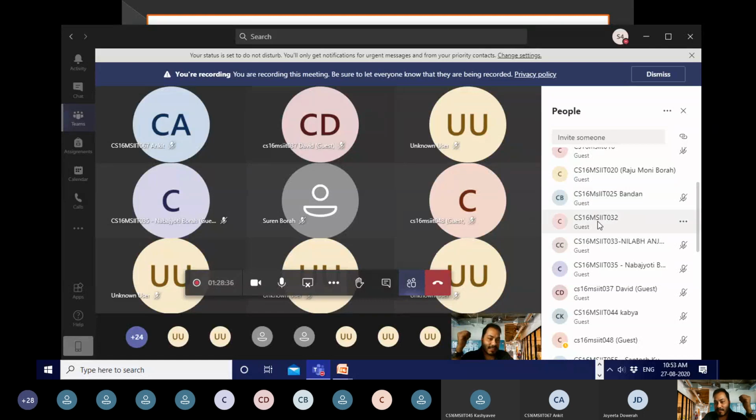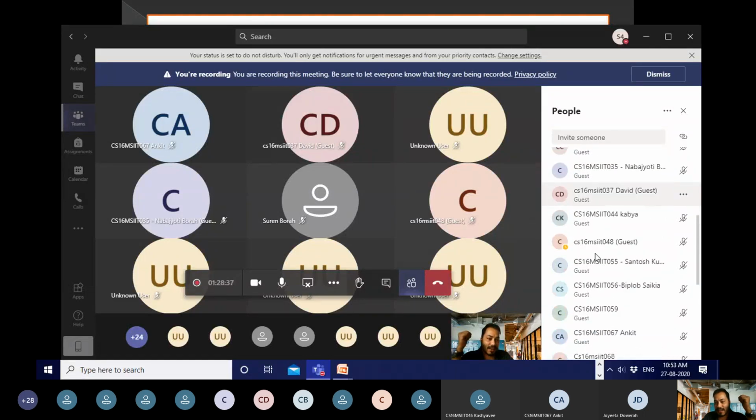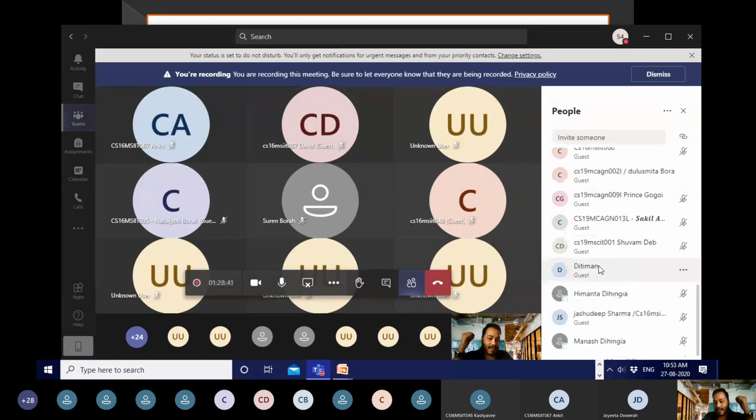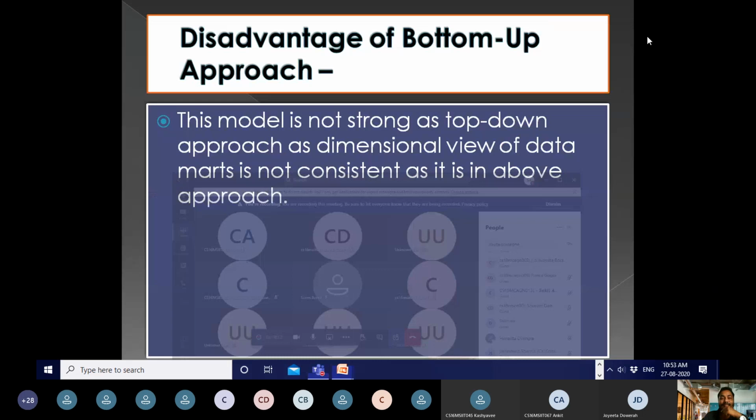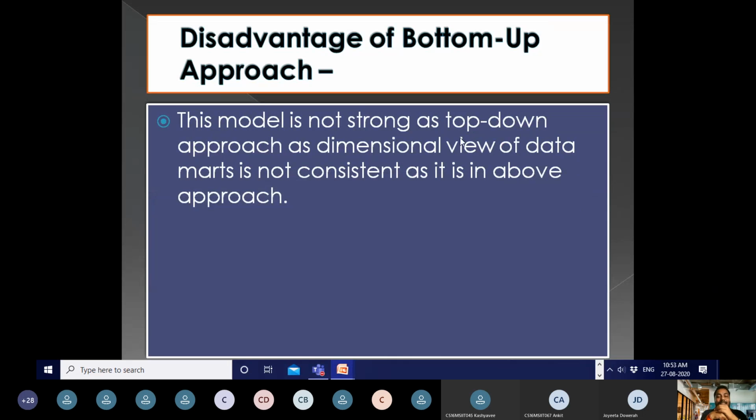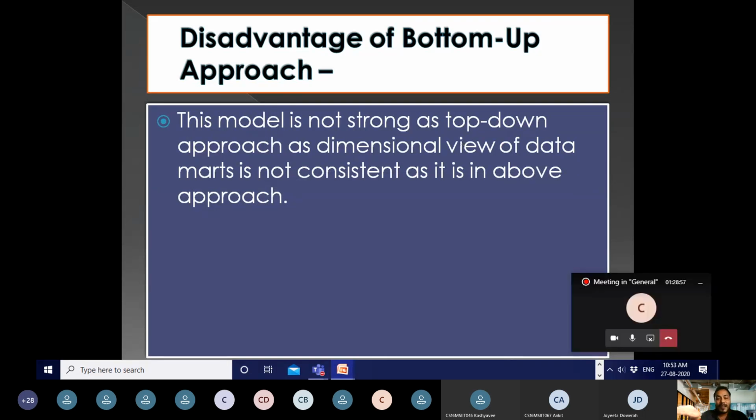Then there are many guys I know. I think MSc IT is also here, no? MSc IT and MCA students are there. So are you there or not? Give some response.